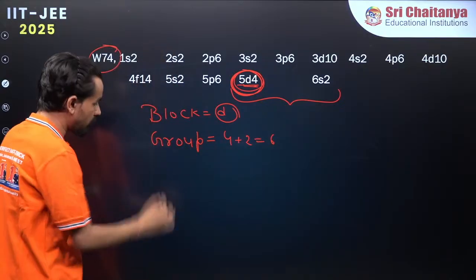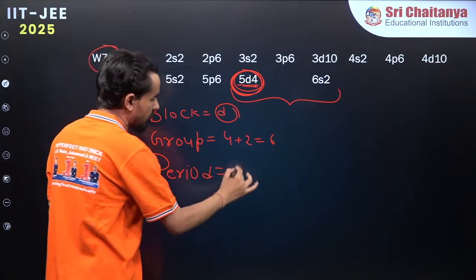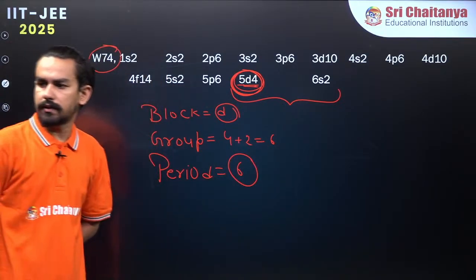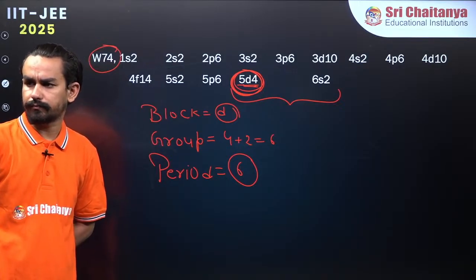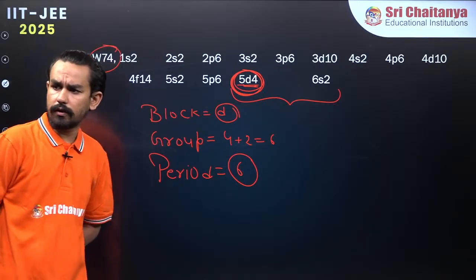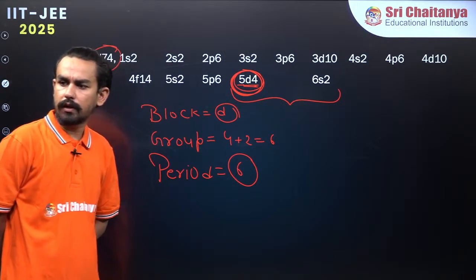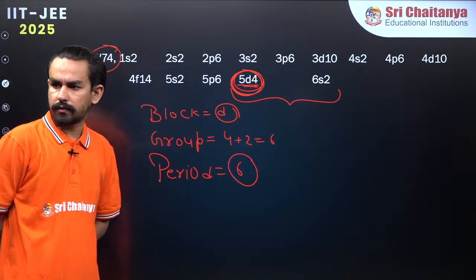Sixth group. And period, everybody can tell very easily. It will be sixth period, sixth group. Very good. Sanjana, very good. Nikita, very good. Group 6. Yeah, very good.